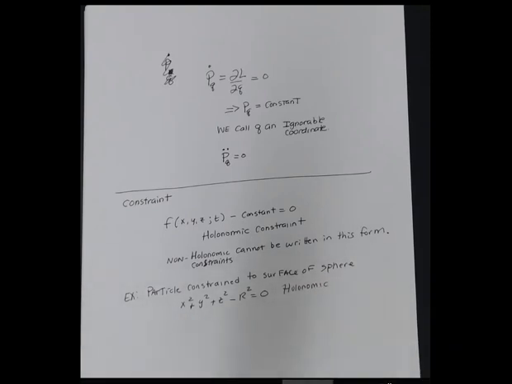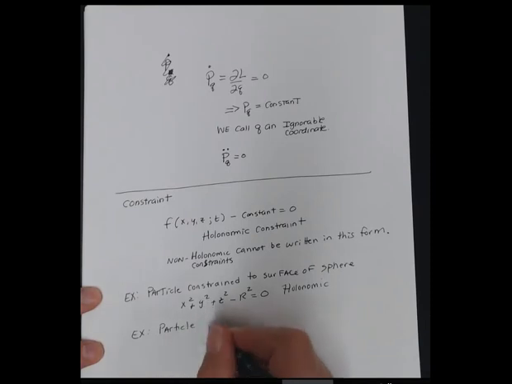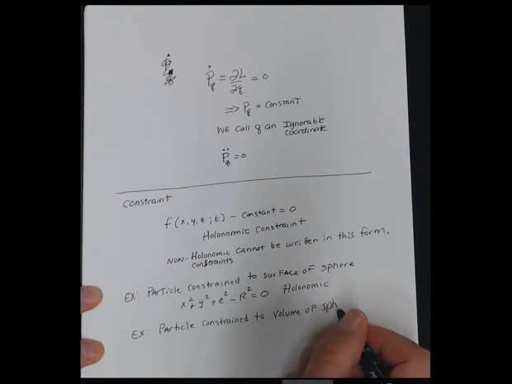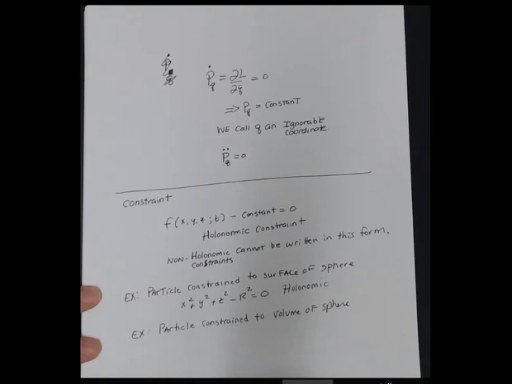But let's say we have a particle constrained to the volume of a sphere. So it has to remain in the volume. Then we would say x squared plus y squared plus z squared is less than r squared.